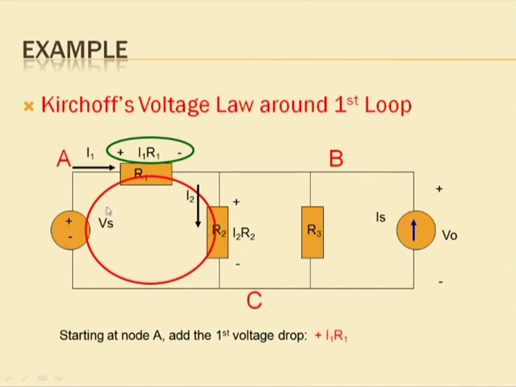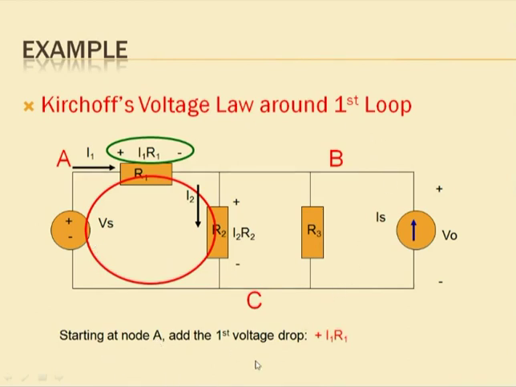In general, we write Kirchhoff's voltage law for all those branches which are in the path of a loop. If I am considering the first loop, then the branches R1, R2 and Vs will come into the picture.